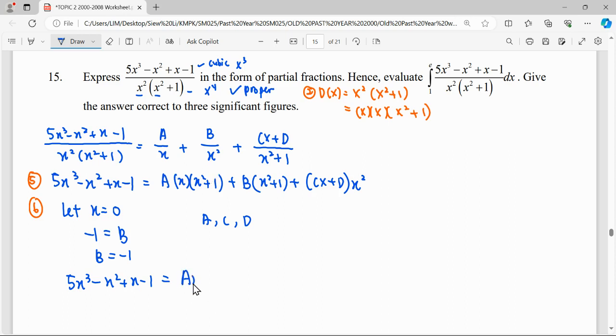So for this A, we're going to expand out. It will be Ax cubed plus Ax. B we already know, so we put in the value negative 1 times x squared plus 1, giving negative x squared, negative 1. Then this one we expand will be Cx cubed, and then this is Dx squared.